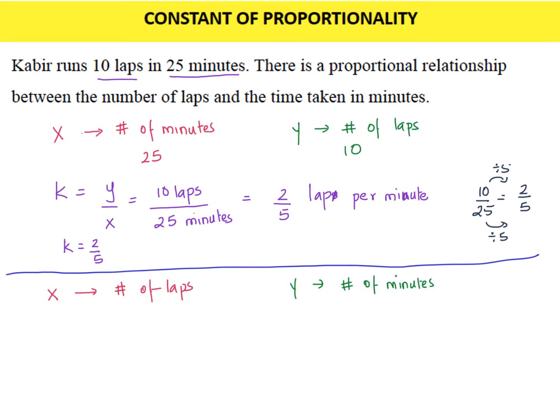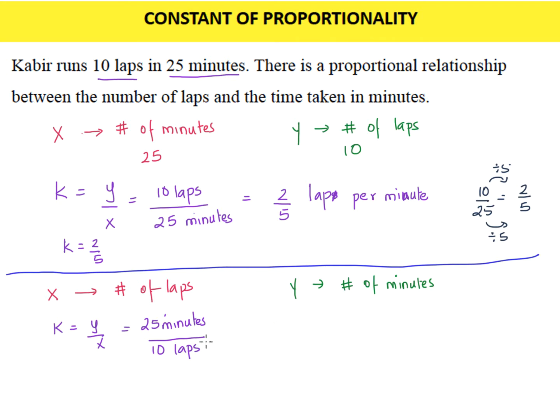And of course, now your constant of proportionality is going to be quite different, y over x, because now your y is time in minutes, and it's 25 minutes over 10 laps.